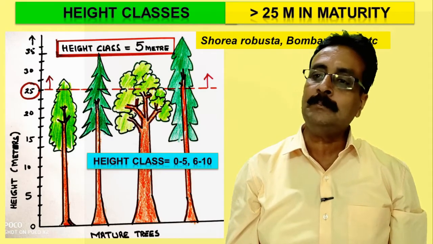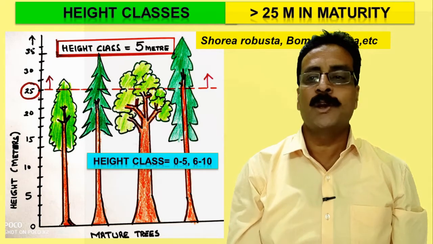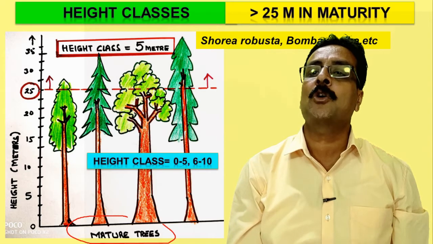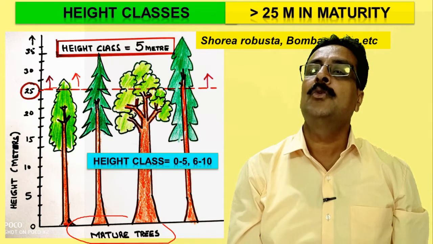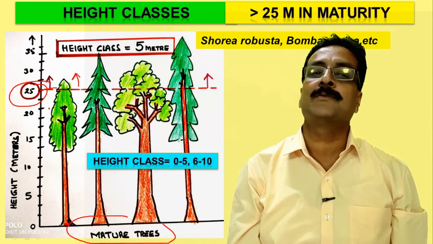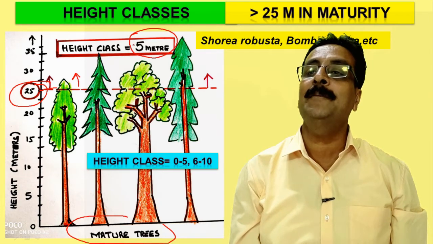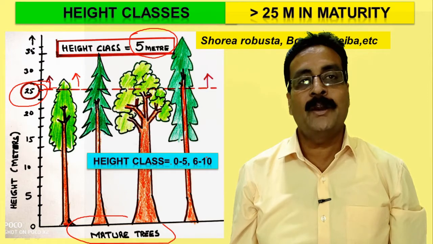Number one case is when the height of mature trees crosses more than 25 meters. In such cases we'll keep the height class of 5 meters. 5 meters means 0 to 5, 6 to 10, 11 to 15, like this.